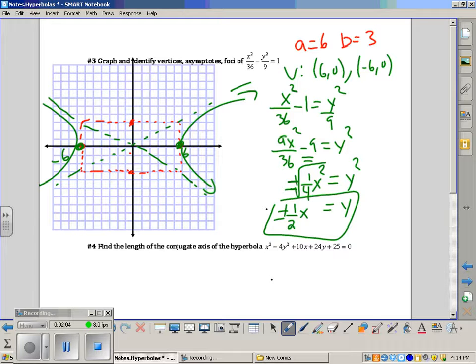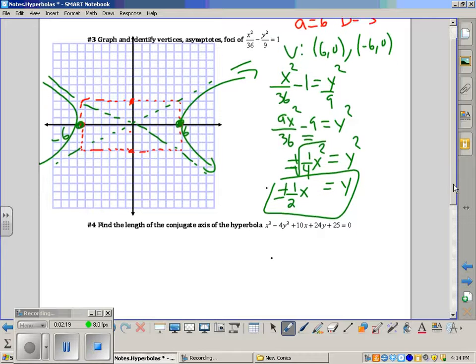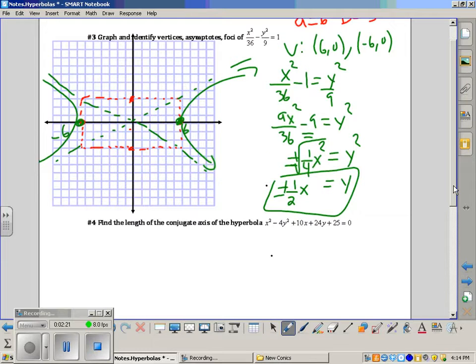So when it says identify asymptotes, it really should say find the equation of the asymptotes. So it's y equals 1/2 x or negative 1/2 x. And then for the foci we're just going to use c squared equals a squared plus b squared real quick. This is easy.